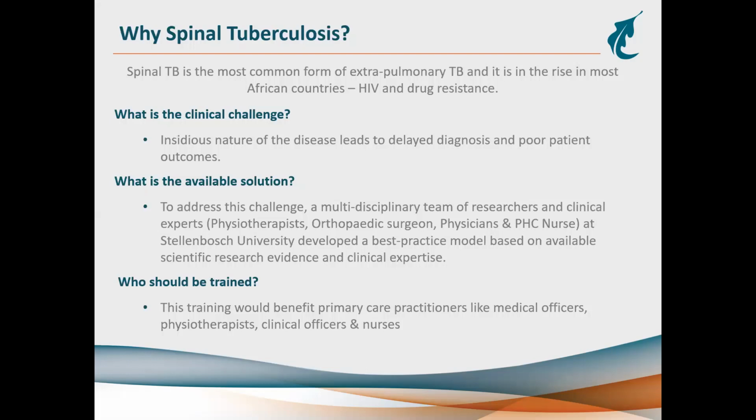Spinal TB leads to high levels of disability and sometimes even death. Because of the insidious nature of the disease, clinical diagnosis is mostly always delayed. The disease progression could occur without symptoms, and patients are often seen by clinicians when neuromotor complications have already set in. So the patients then have poorer outcomes.